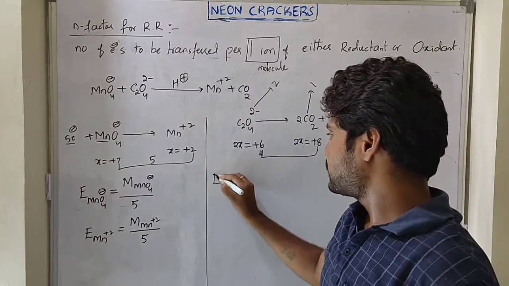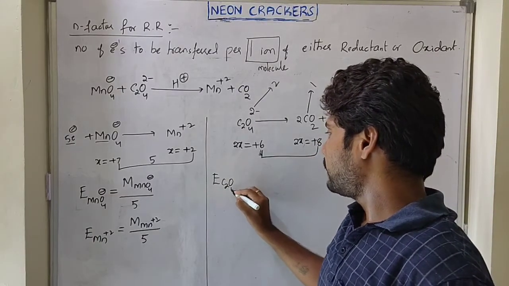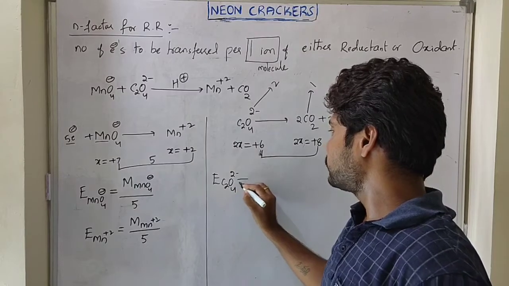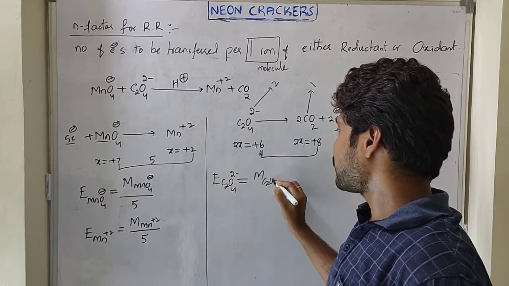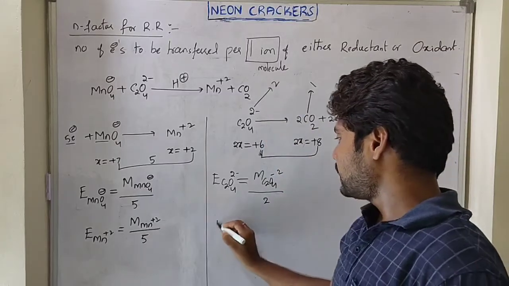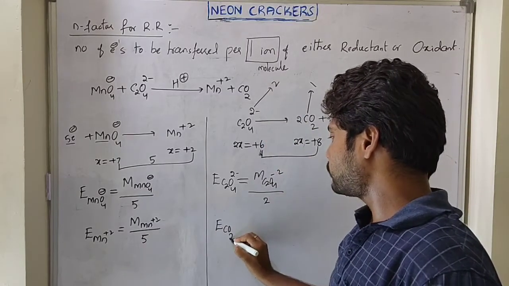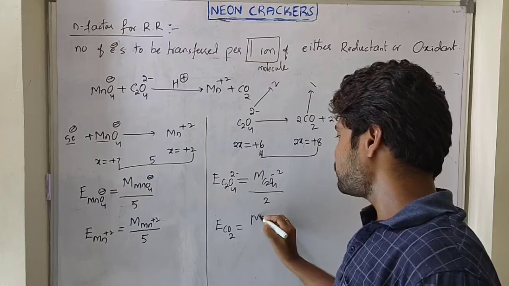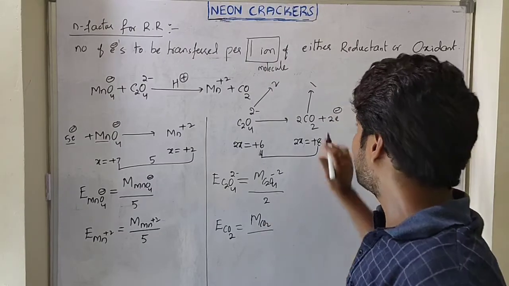Now you can find from this, the equivalent weight of oxalate equals the molar mass of oxalate upon the n factor, 2, and the equivalent weight of CO2 equals the molar mass of CO2 upon the n factor.